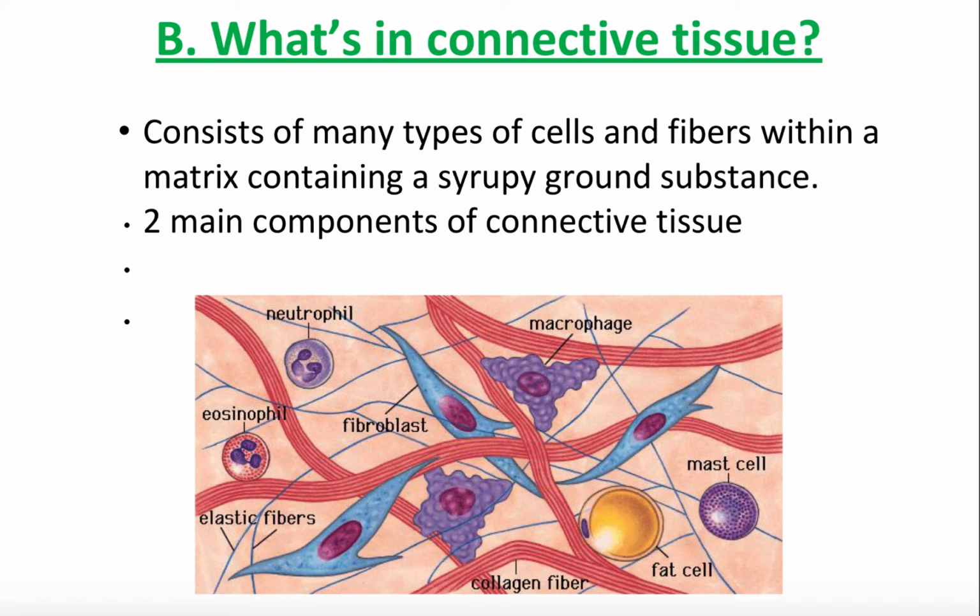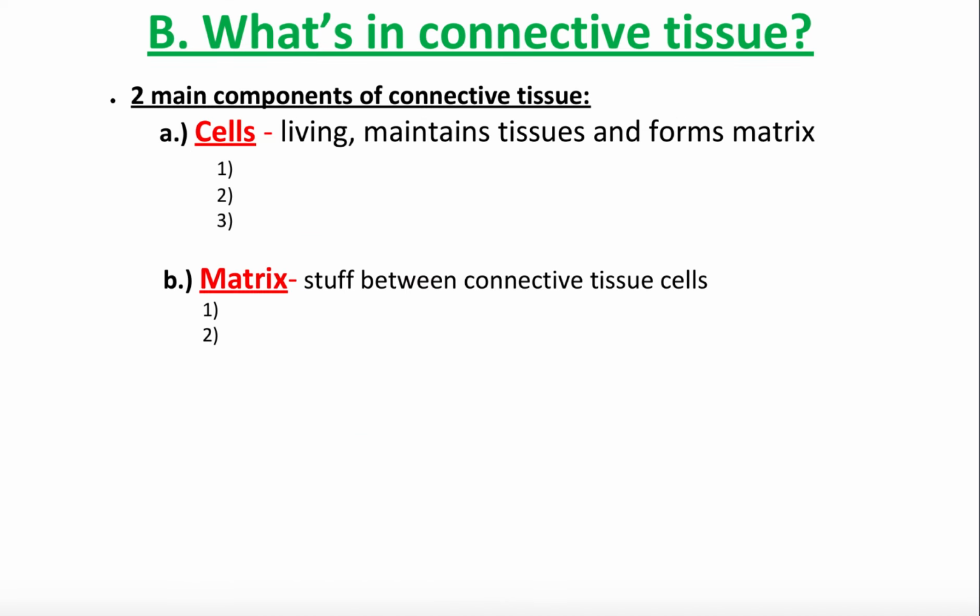So it consists of many cell types and fibers within a matrix containing a syrupy ground substance. There are two main components of connective tissues, and those two main components are cells and the matrix. So the cells are the living part of the connective tissue, and their whole job is to maintain the tissues and to actually form the matrix.